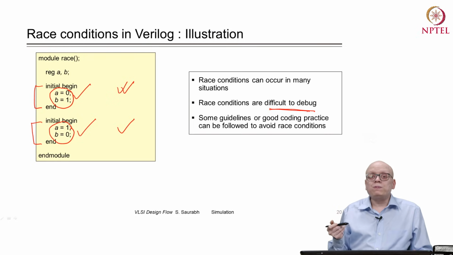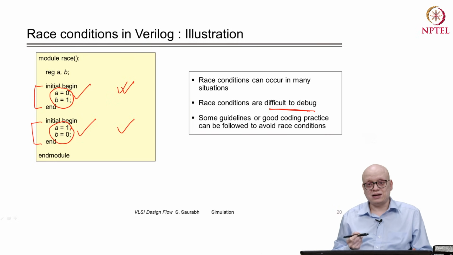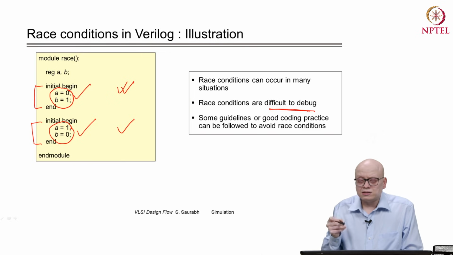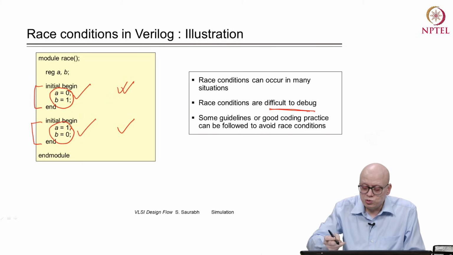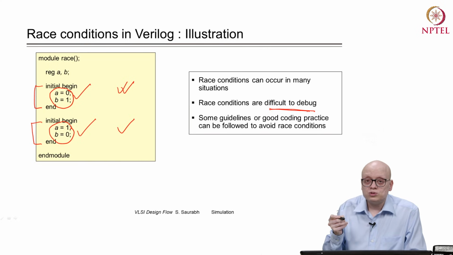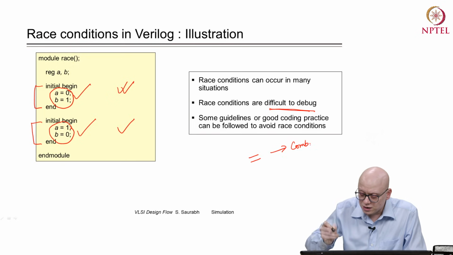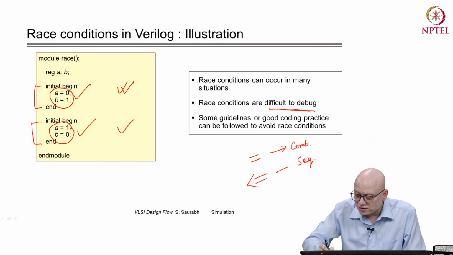Therefore, people have adopted some guidelines to avoid race conditions. For example, some of the guidelines are that we use blocking assignments in combinational circuits and non-blocking assignments for sequential circuits.